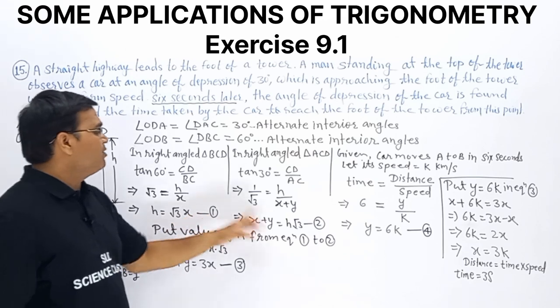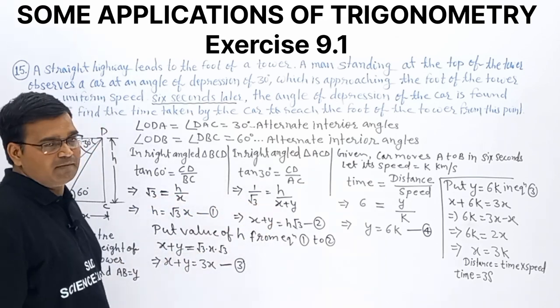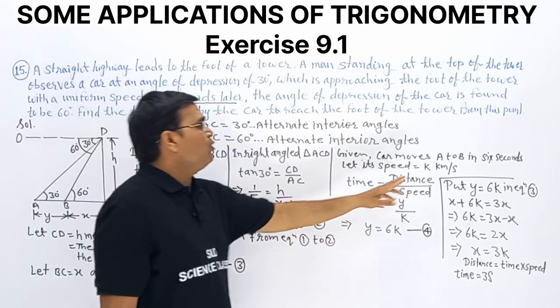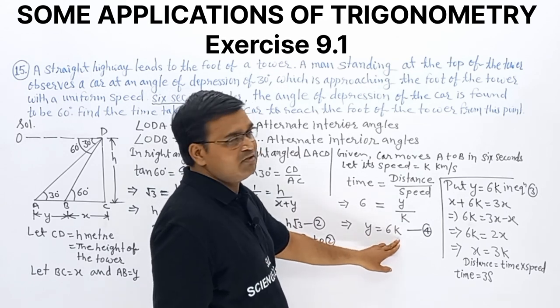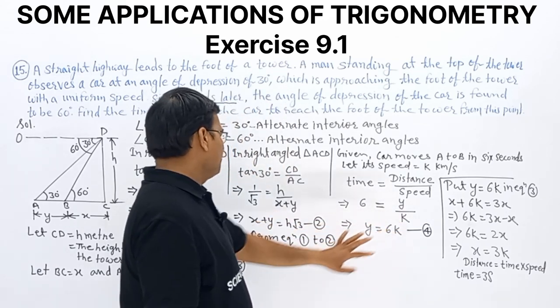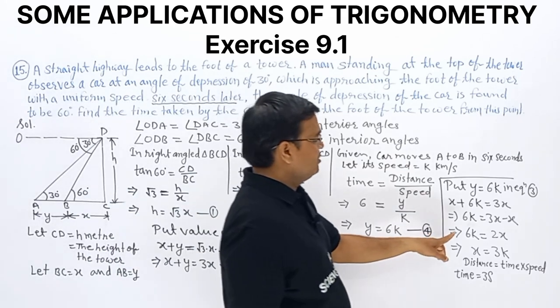We get two equations. Once we put this value there, we get this equation. We require the time from this point to this point. We have time 6 seconds, we assumed distance is y and speed is k kilometer per second. Then we get this relation. Then we put this value in equation number 3.